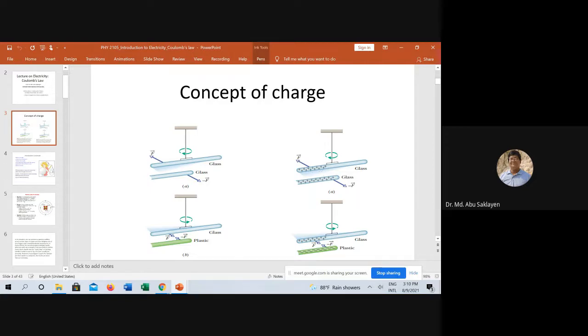So this is known as electrostatics, মানে চার্জ যেখানে মুভ করে না। Charge transfer from one object to another object during rubbing, but after the rubbing, no movement of the charge. This is known as electrostatic. So here also plastic rod, it is insulator, and no charge movement after rubbing.